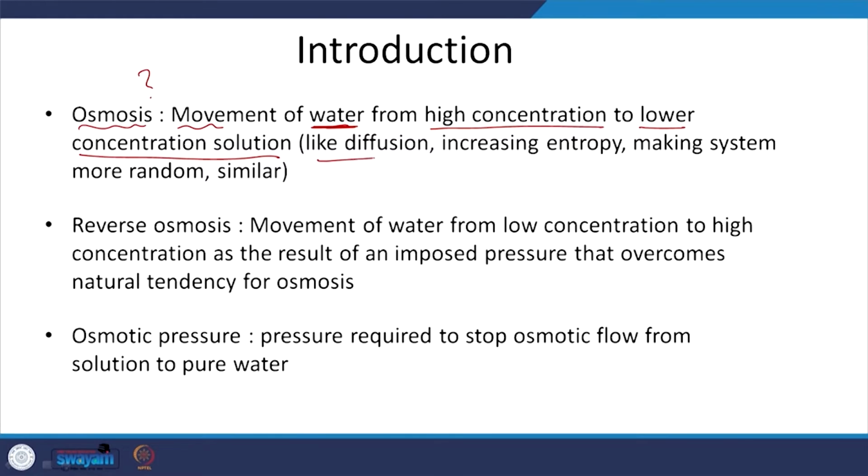Why is that? Like diffusion, increasing the entropy, making the system more similar, right. So, for example, if I have a highly concentrated salt solution here and a relatively less concentrated solution here, relatively high chemical potential here, right, and so I want to achieve equilibrium, that is what the system tries to achieve.